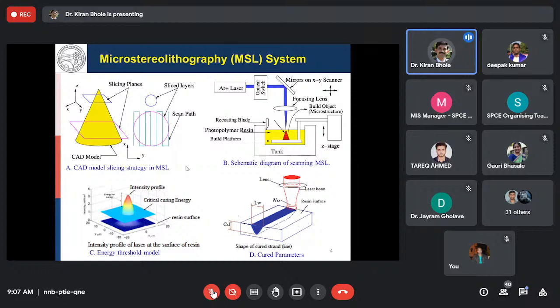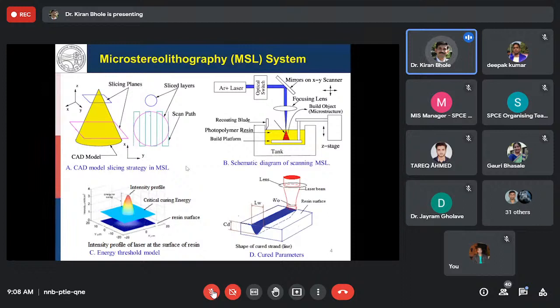Micro 3D lithography, in short, I will be calling MSL, or generally it is called in short as MSL system. So this I will be explaining first, and then later on I will be discussing the bulk lithography, which has emerged from the micro 3D lithography.